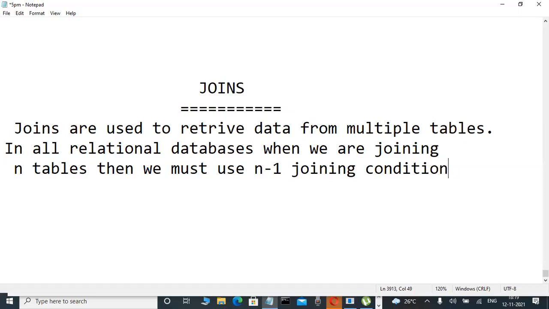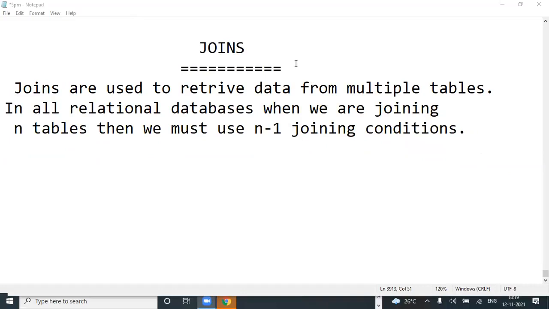N minus 1, one less. This is a rule. Otherwise, your joins give wrong outputs. Don't worry, this is a mathematics rule only.